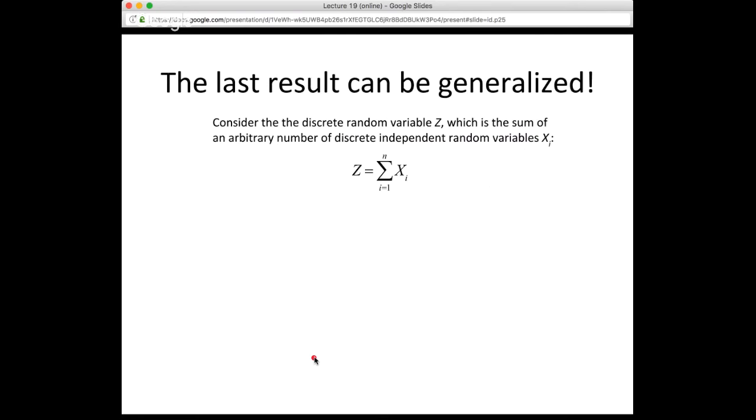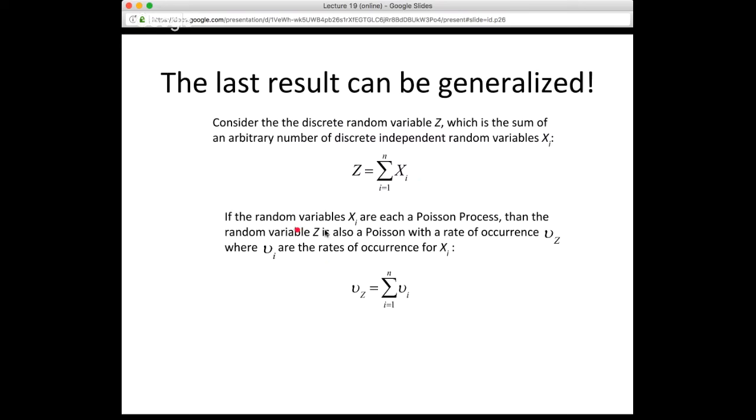The other thing I want to say is that that last result can be generalized. If I have a discrete random variable z which is the sum of an arbitrary number of discrete independent random variables, so again we've got this independence criterion, then I can express the random variable z as the sum over n of the independent random variables x_i.